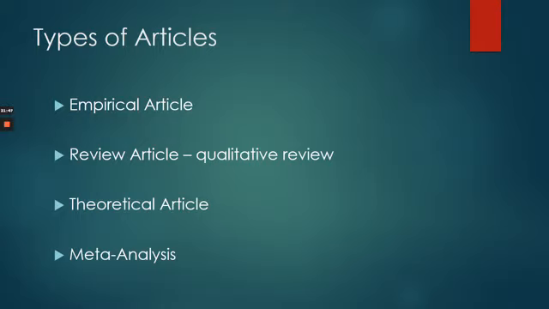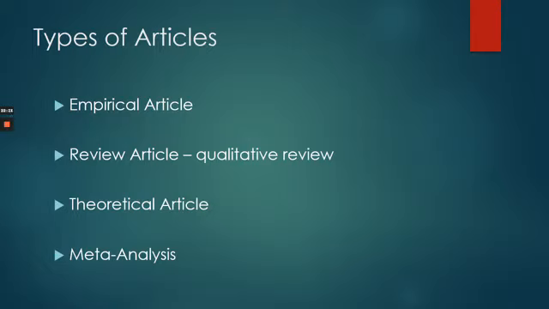But again, if you don't know some of the technical stuff there, if there's more complex statistics than you were taught in Social Science 10, don't worry about it. So empirical articles are probably going to be the most common thing that you're going to be reading for your lit review. Also, if you're lucky, you can find a review article.